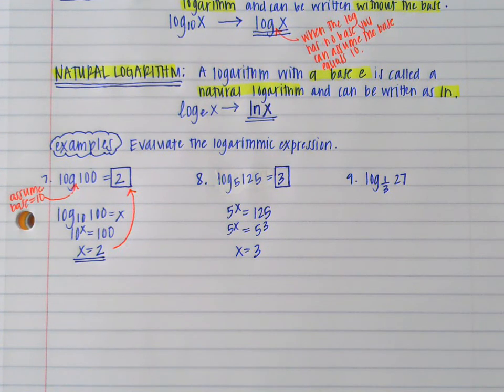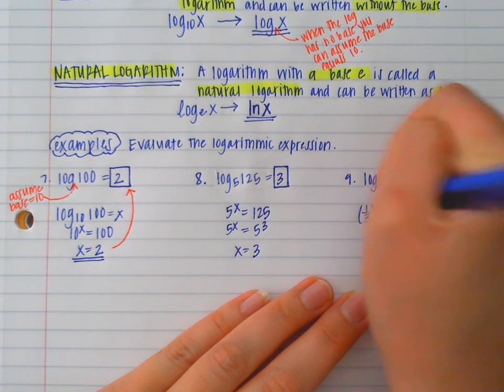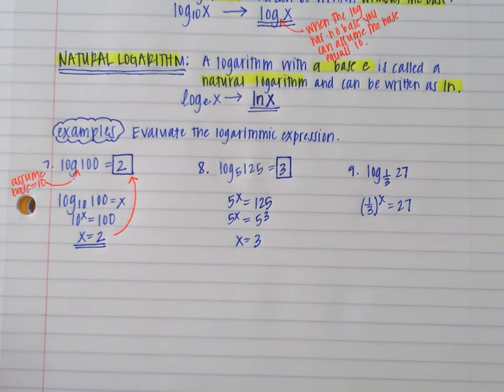Okay, now first with this one, some of you will be able to do these in your head very quickly, and some of you will have to rewrite it. So I'm going to start by just rewriting it. 1/3 to the x power equals 27. Now, remember what I said in 5-3. Whenever you're getting a common base, you want to rewrite the fractions with a negative exponent.